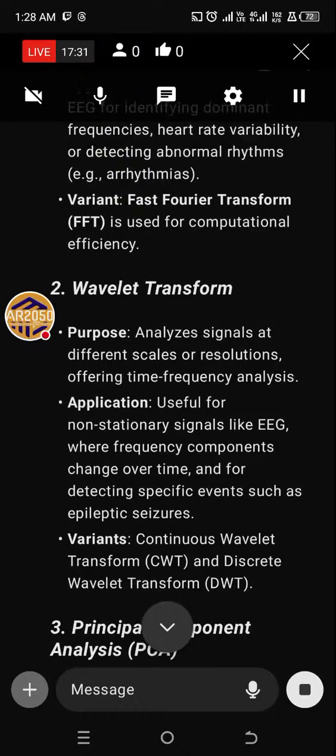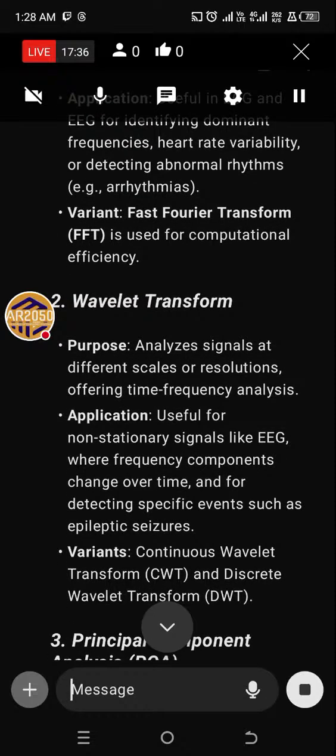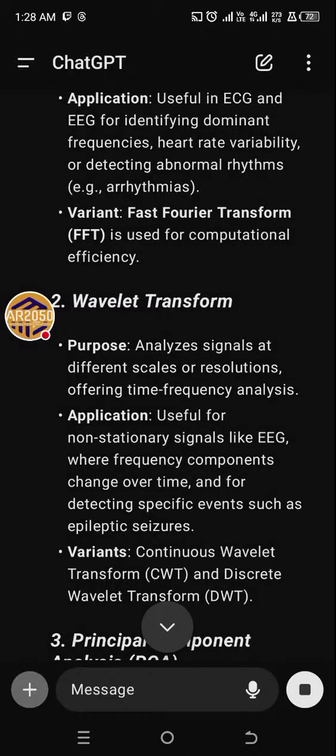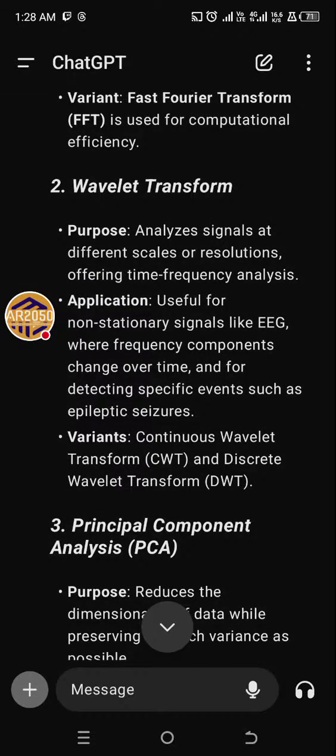Here I'd like to mention that the wavelet transform is useful for non-stationary signals like EEG, where frequency components change over time. So we have to remember that the wavelet transform will come in handy whenever we have such signals that change over time, for example when detecting a specific event such as epileptic seizures.